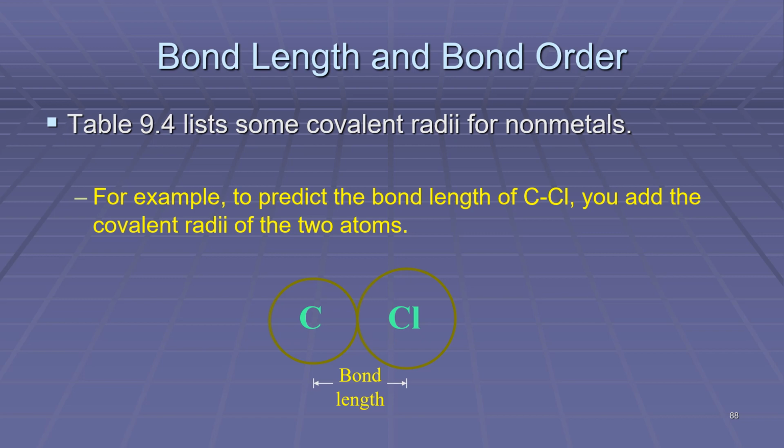Here's what we see. So if you go from the center, you've got the radii of the carbon atom, and then you have the radii of the chlorine atom, and if you add them together, then you get the bond length, which is the 2 radii together. So we can look these up on tables.